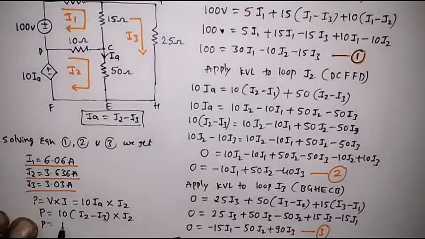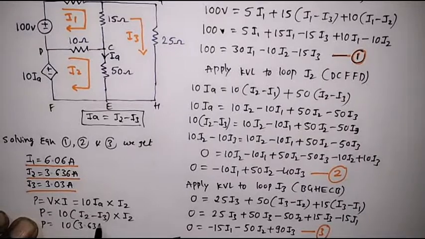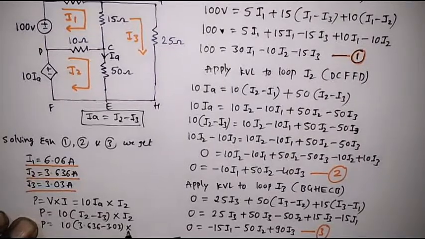Therefore, P is equal to 10 into, in bracket, the I2 value 3.636 minus the I3 value 3.03, into the I2 value 3.636.